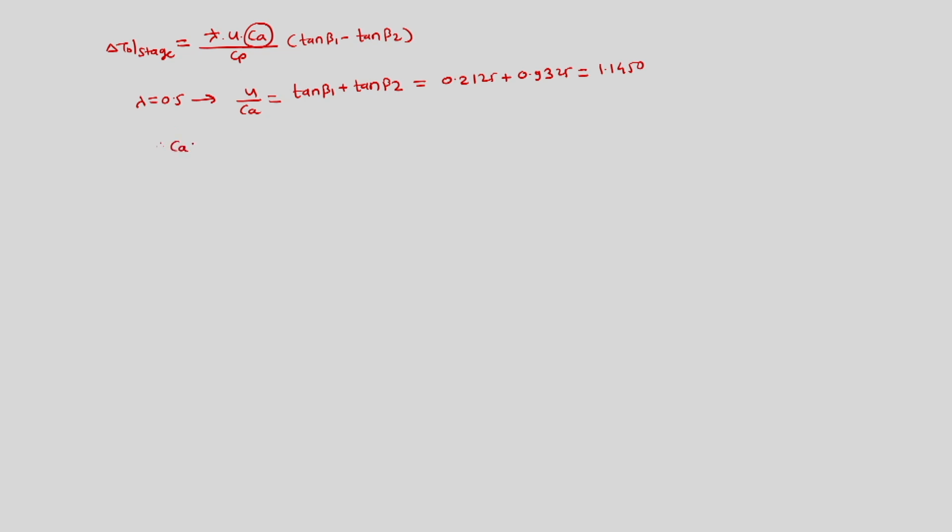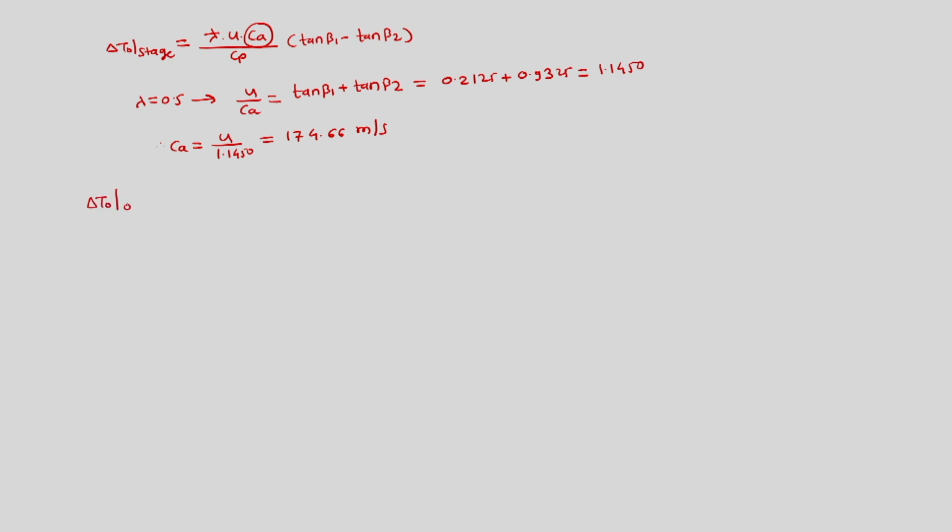So we can know Ca is equal to U divided by 1.8650, and it comes out to be 174.66 meter per second.